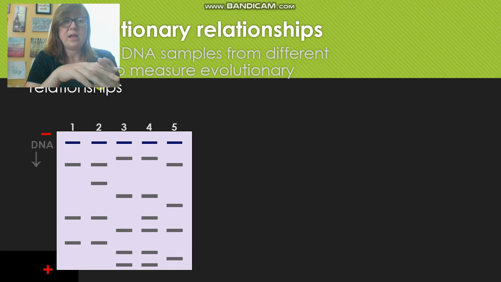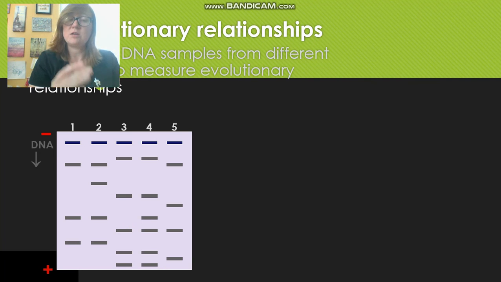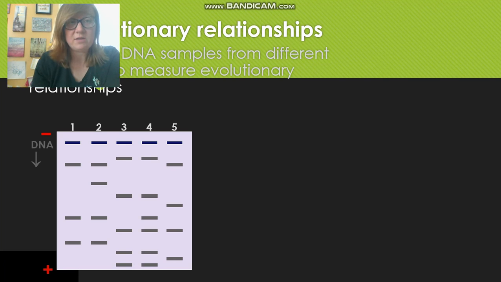Maybe originally we had 3 and 4 in the same family, but now looking at this DNA test, we're like, maybe they need to be in the same genus. They seem to be very closely related. So that can change how we classify them in the 7 different classification groups. And then from that, we can use that to draw a phylogenetic tree, a family tree of them.